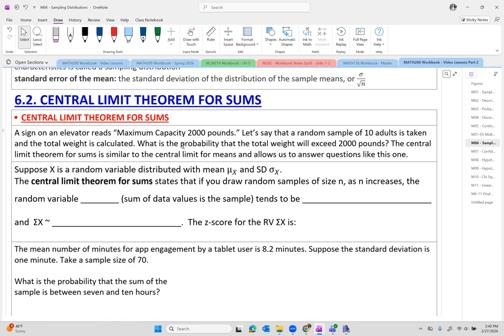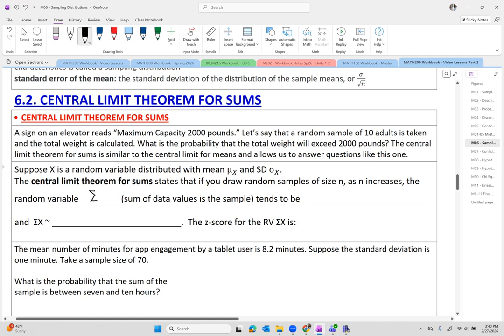Suppose we have a random variable x with some distribution, a mean of mu sub x, and a standard deviation of sigma sub x. The central limit theorem for sums states that if you draw random samples of size n, as n increases, the random variable sum of x values tends to be normally distributed.